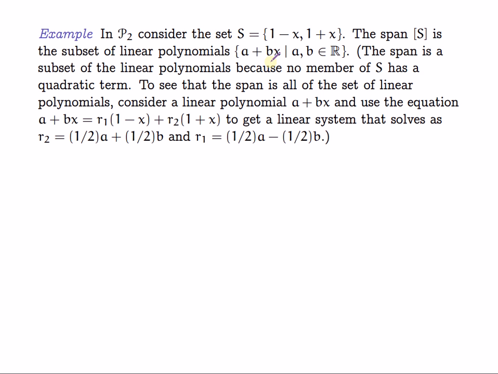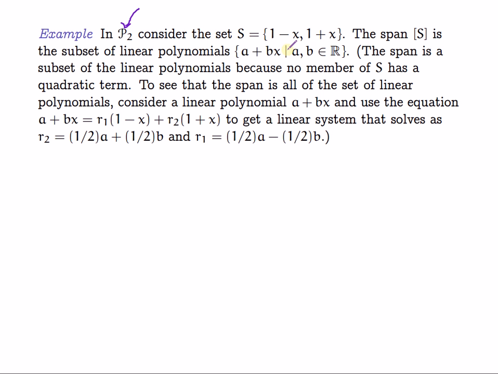All right, here's an example. Let's consider the polynomials of degree less than or equal to 2. We consider these two polynomials. These are linear polynomials, so they certainly have degree less than or equal to 2. The span of this set of two vectors is the set of all linear polynomials.